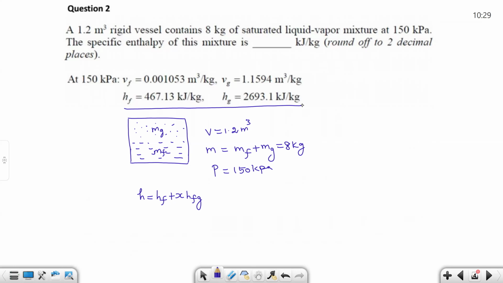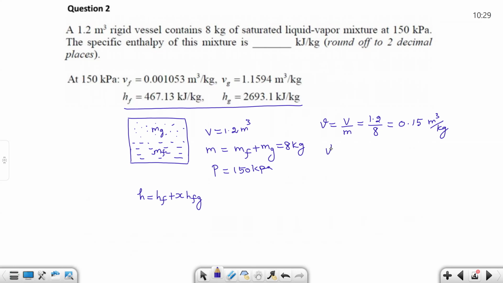We know that the specific volume of this fluid is equal to V by m, 1.2 divided by 8, which is 0.15 meter cube per kg.